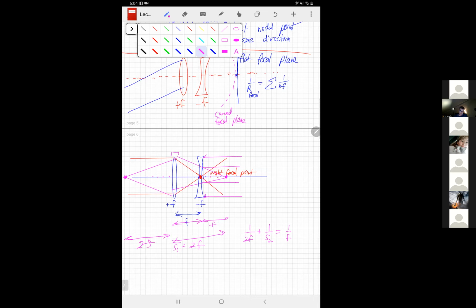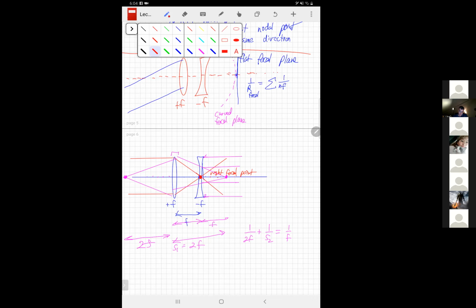Sorry, it's 2F. The nodal points are just one focal length away from the focal points.